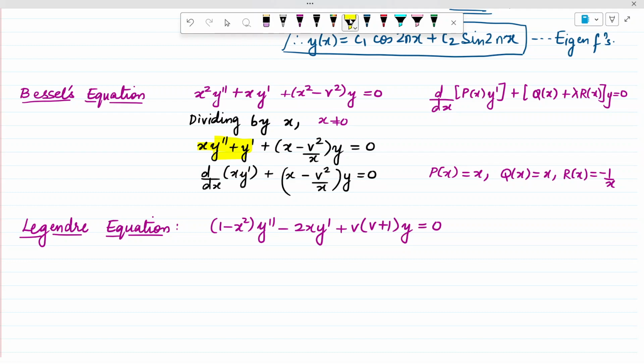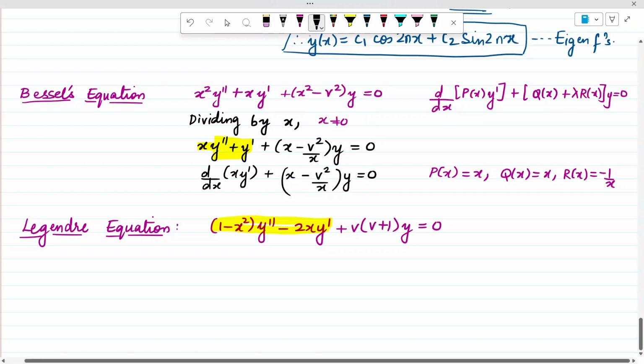The y term needs to remain as it is. The first 2 terms need to be combined as a derivative, something into y dash. You require d by dx of some function into y dash, plus the second part is going to remain the same.